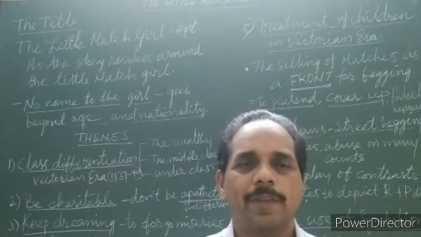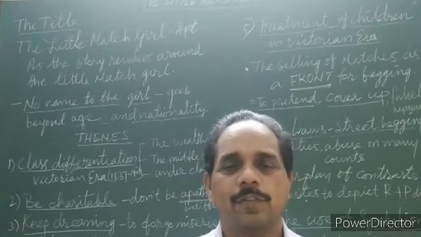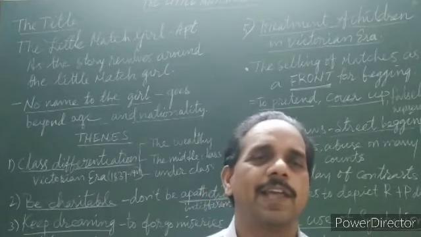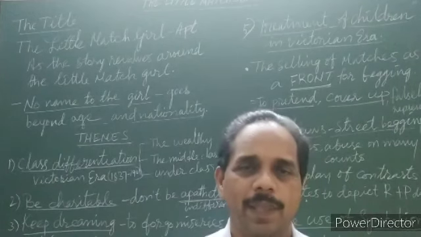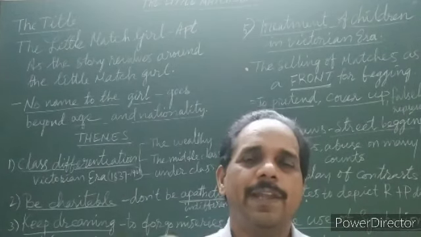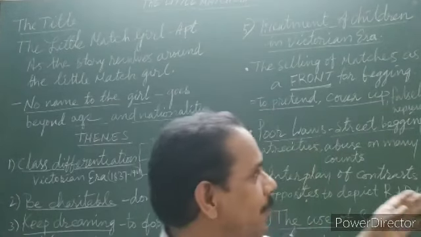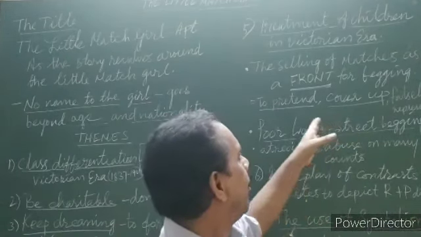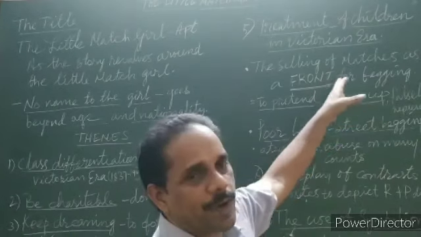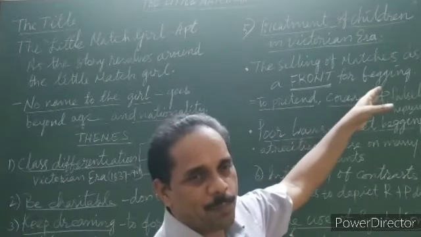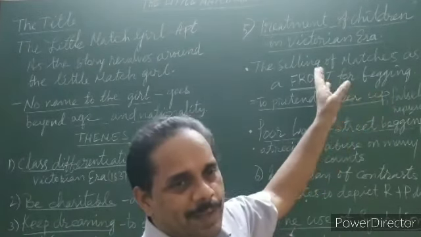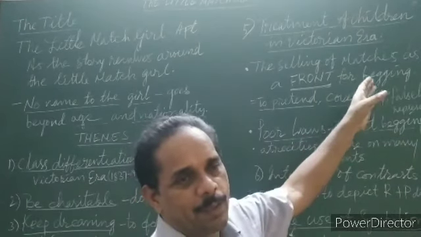You send messages to all your friends, friends will send to their friends, and all of them will collect money. It's another form of begging, but a very decent way of doing it. So that is the meaning of as a front for. Selling of matches was not really selling matches, it was begging.